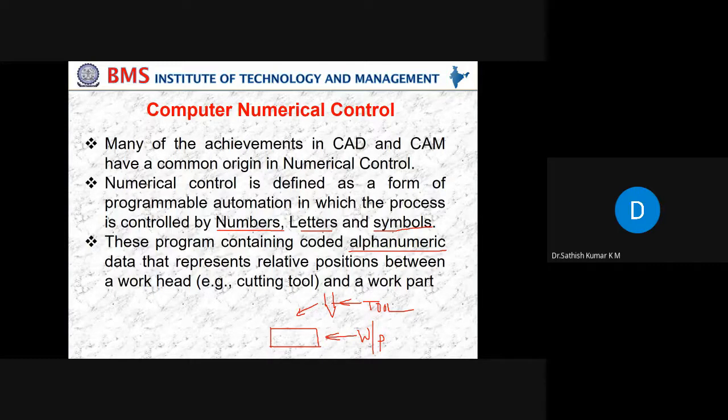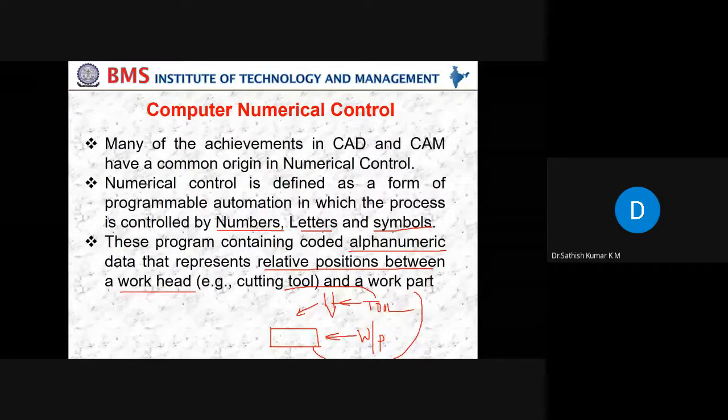The program represents the relative motions and positions between the work head and the work part. The work head is nothing but your cutting tool, and the work part is this. The movement of the tool with respect to the work part is present in the program, and that program is written using numbers, letters, and symbols. That was numerical control.